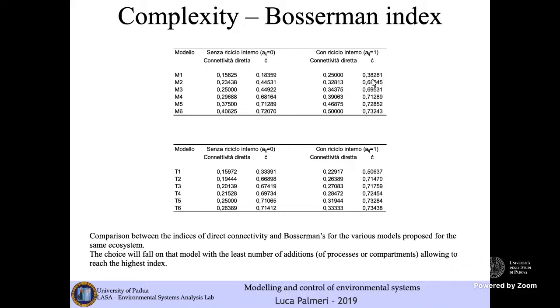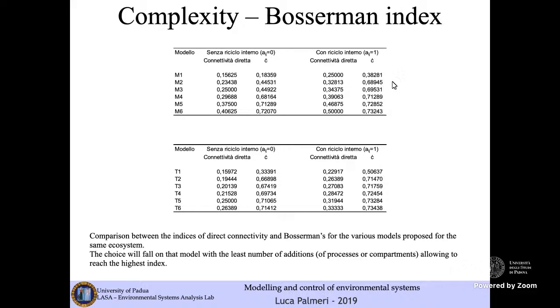You see that going from model M1 to model M2, we have a dramatic jump of the Boltzmann recycling index. Boltzmann recycling is quite stable up to model M4, and then the next significant jump is to model M6.